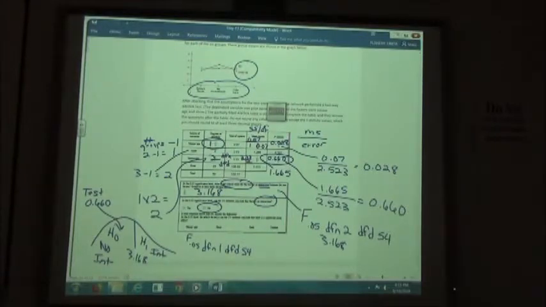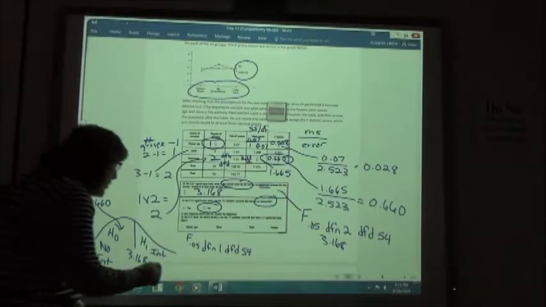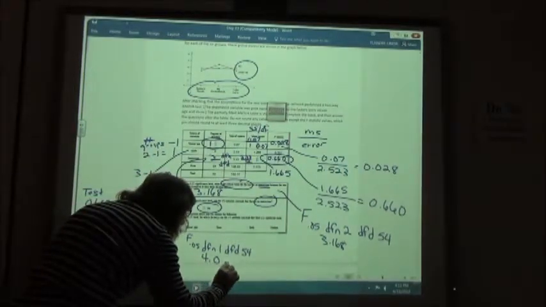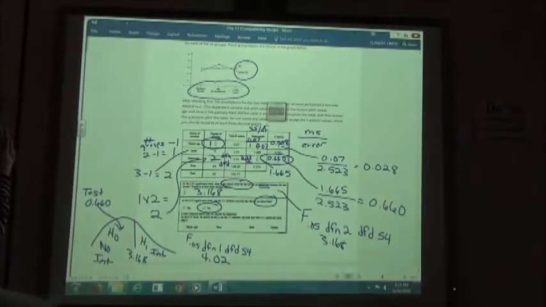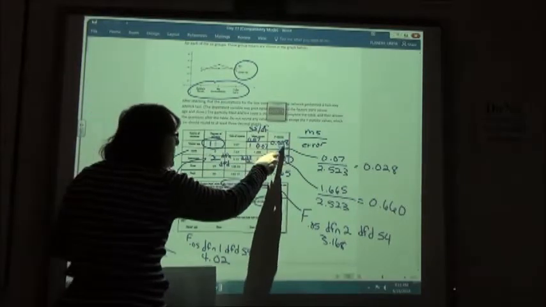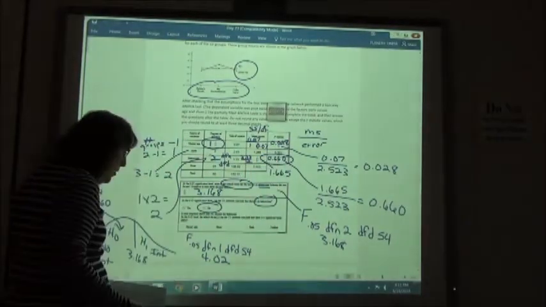I was trying to see where I wrote that answer down at. So in this case, F sub 0.05, degree of freedom in my numerator, which was 1, my degree of freedom in my denominator, which is 54, gives you a value of 4.02. I'm going to compare that then on my F statistic for my test value.